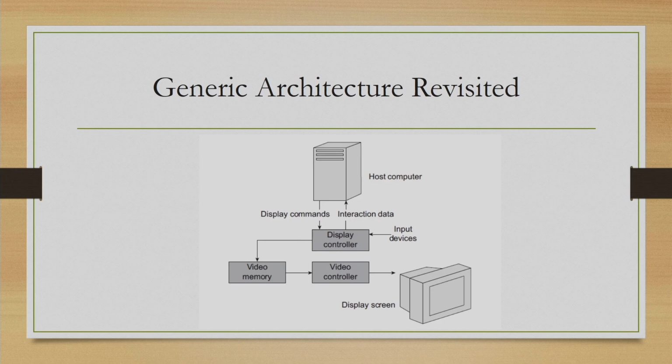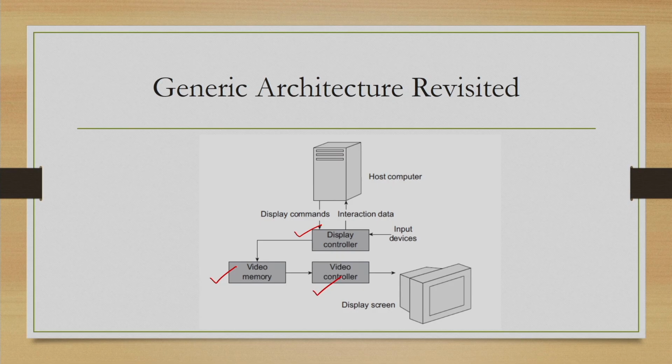As we mentioned in one of our earlier lectures, there are three unique components of a graphics system. One is the display controller, one is the video memory, and the third one is the video controller.